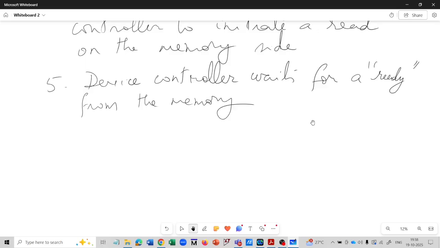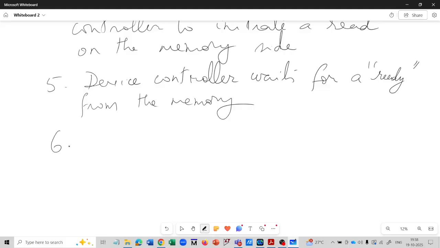So once the location that is requested is made available in the data bus of the memory, it is expected to assert a ready signal. And when the controller sees the ready signal, what is it supposed to do?